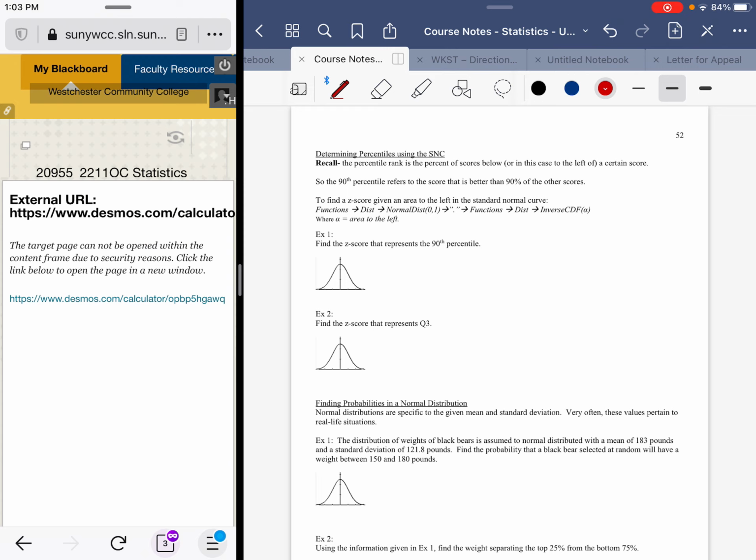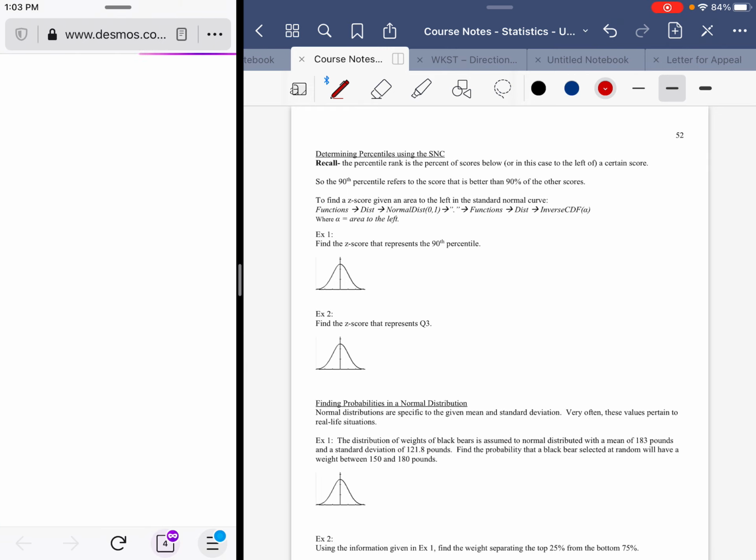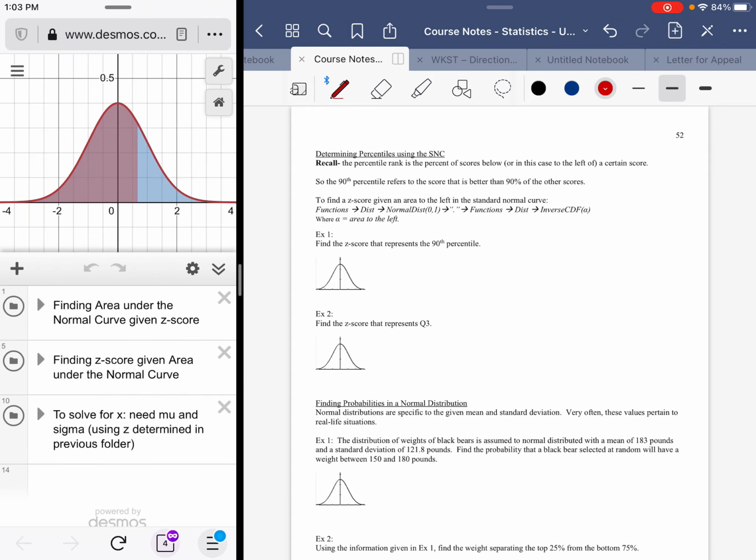If you tap on that one, it brings you to a Desmos link, which I tried to make as user-friendly as possible. It's kind of a little on the busy side, so I apologize for that. You'll see that there are some overlapping graphs that we'll have to account for, but it gets the job done, and it's there for you as you need it.